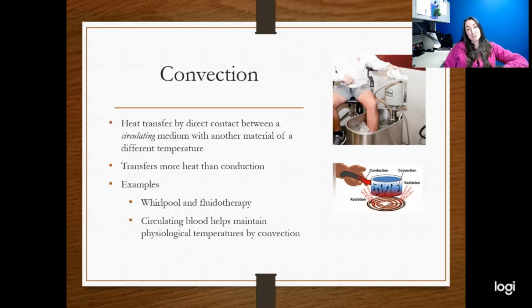And then if you touch the hot surface, the heat that goes into your hand is through conduction. So things that touch are through conduction. The circulating heat is through convection. And then that radiating, the extra particles that you can just be near and feel the heat, is the radiation. Another example of convection is circulating blood that helps maintain physiological temperature by convection.